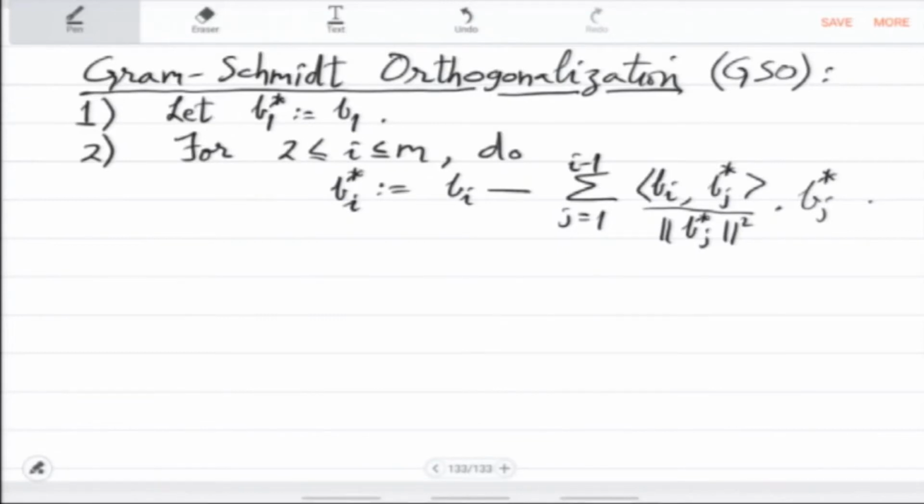So that gives you Bi star. This quantity will be very important, so we'll give it a name. This is mu ij. What combination are you taking of Bj star? That is mu ij.